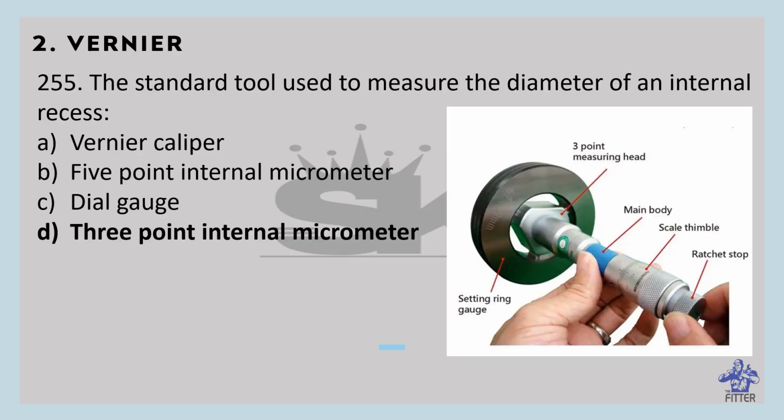You can observe here the internal recess is touched by these 3 points. So that's why it's called 3-point internal micrometer. There are a few more parts: main body, scale thimble, ratchet stop. You all know that, right? So no need to discuss it. Okay.